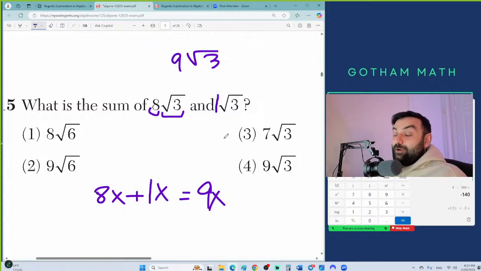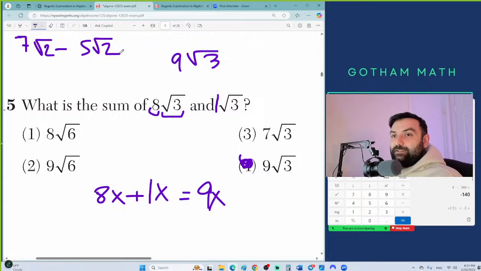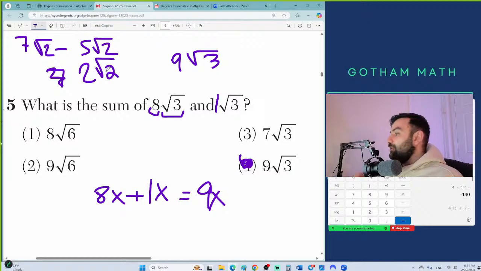The same works for subtraction. So the answer is 9 square root of 3, right? Like 7 square root of 2 minus 5 square root of 2 is the same as 7x minus 5x, which is 2 square root of 2. And what's interesting is that it goes even further.